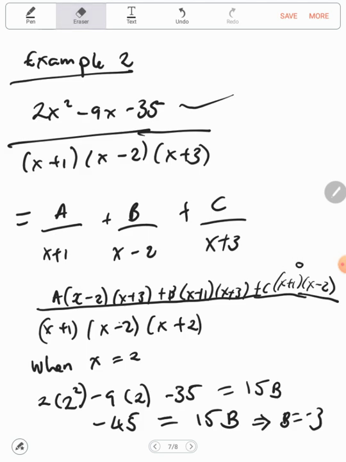Let's choose another scenario. Let's have x plus 3 equal to 0. That means our x will be what? Minus 3. So when x is equal to minus 3, this will be 0. This will be 0. Only the c will remain.